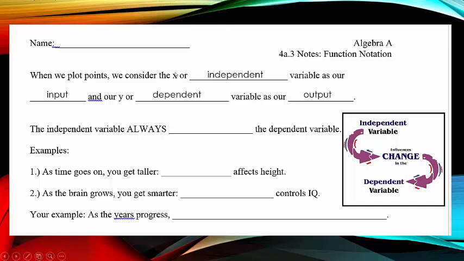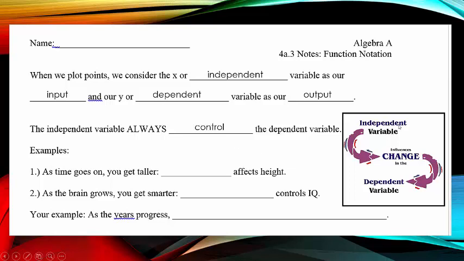So we got to remember that x, independent, input all go together, and dependent and output and y all go together. The independent variable will always control the dependent.